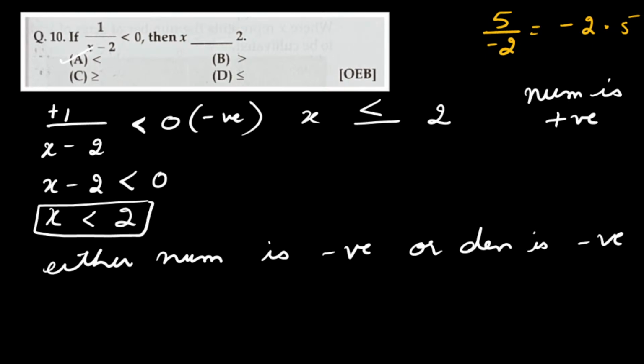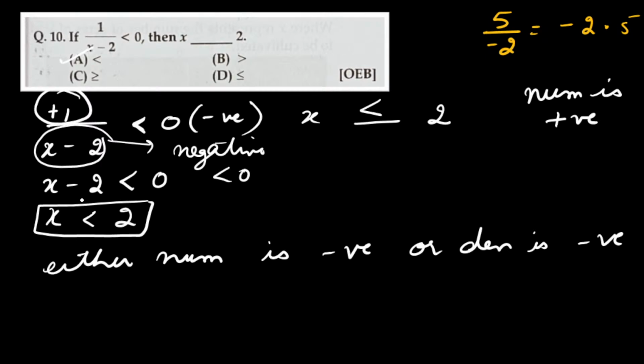So only one thing can be negative, either numerator or denominator. Here the numerator is already positive because 1 is given to us. That means the denominator will be negative. Negative means less than 0. I made the denominator negative and I found the value of x.